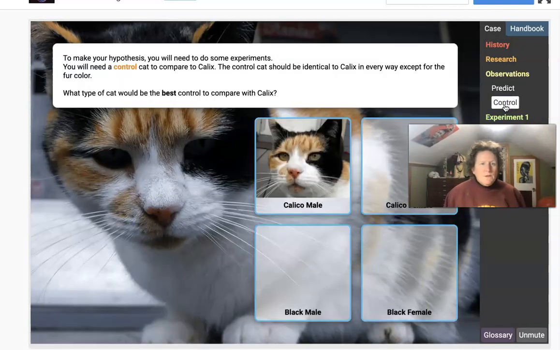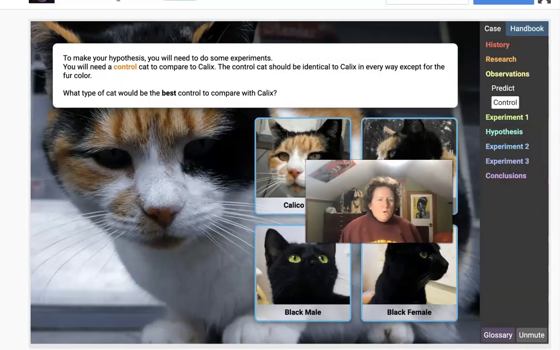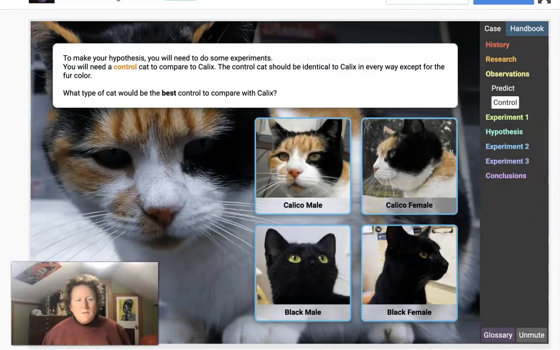Let's pick a control here. So we'll need to do some experiments to measure the mass of DNA in Calix's cells. We'll want a control cat to see how much DNA is in the control cat. We'd probably want to pick the cat with the same sex, so we want a male cat.